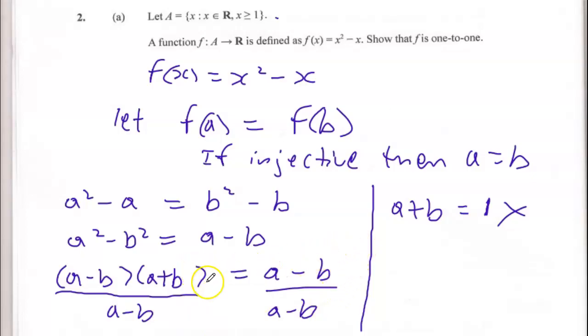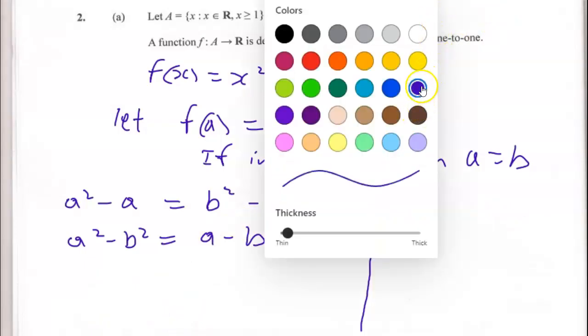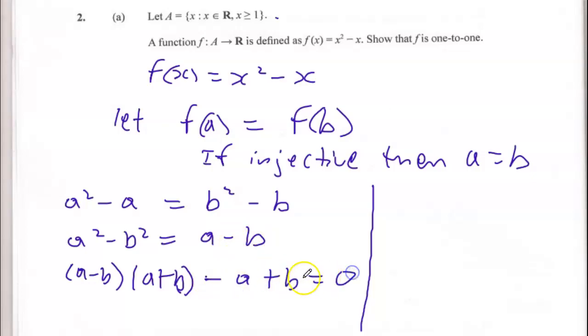Let's try a different approach here. Because we're to show that it's injective or one-to-one, we're supposed to get a equal to b somewhere. So let's go again. So again, we factorize the difference of two squares. So we group everything on the left hand side.